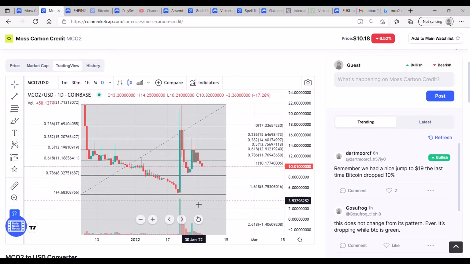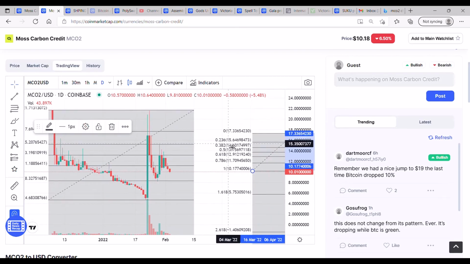So we put the low in, we had a nice big pump, we tailed off, had another pump, and we've essentially consolidated in a sideways pattern, and we lost support, we lost the 618, and now it looks like we could be tailing down to, realistically, the low would be 832, but I don't think we're going to come back there. I really don't.